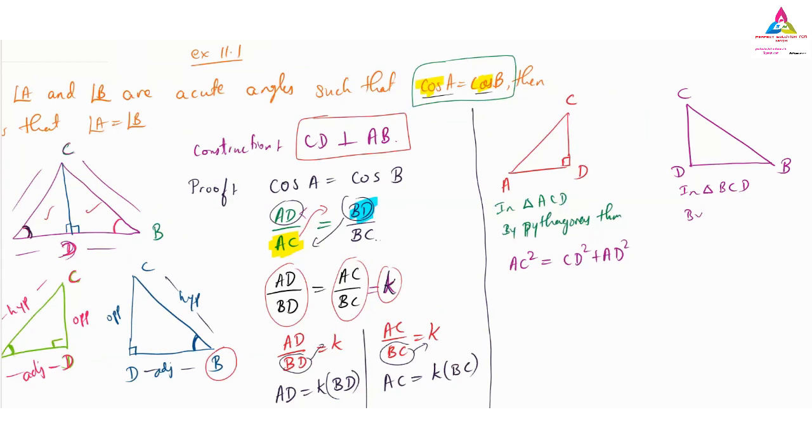Again, you apply the same Pythagoras theorem. BC is the hypotenuse, so BC square is equal to CD square plus BD square.